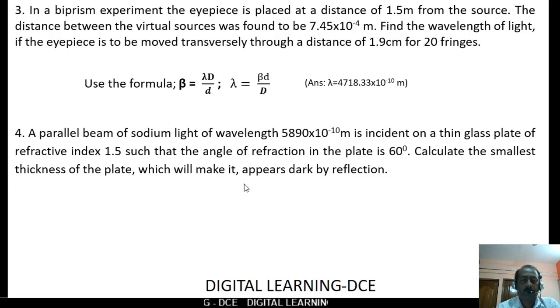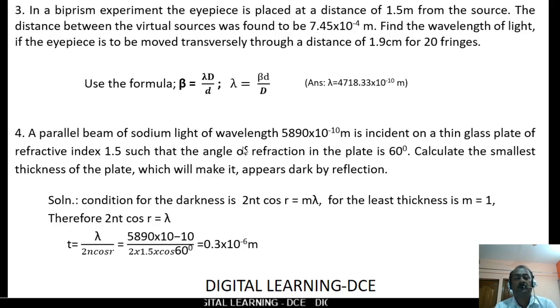This problem is based on thin film interference. The condition for darkness is 2nt cos r equals m lambda. He asked about the smallest thickness of the plate.